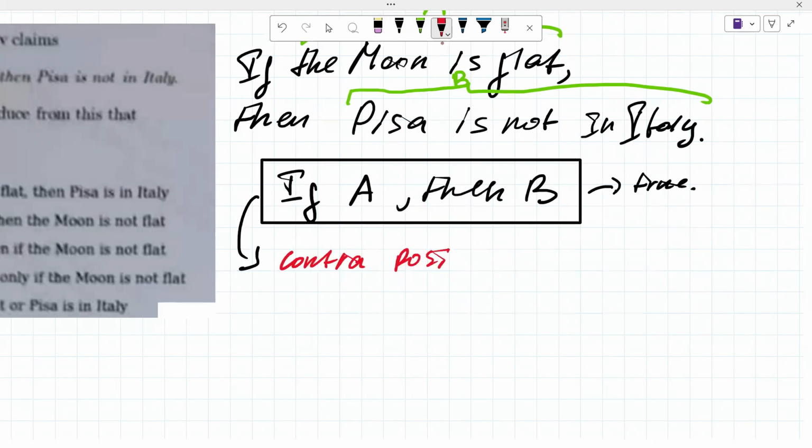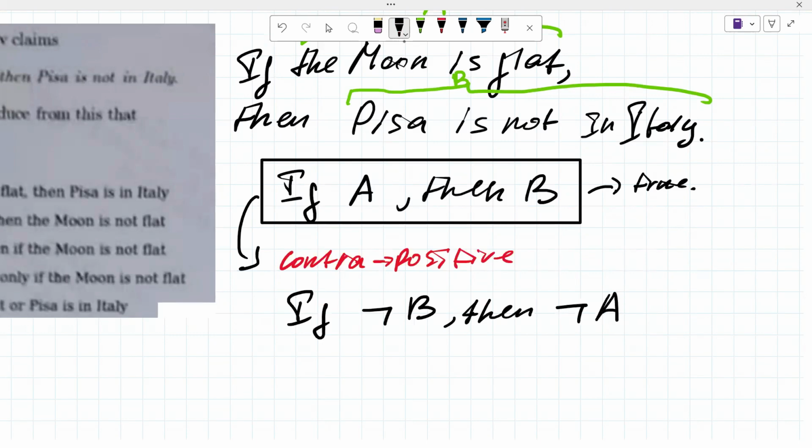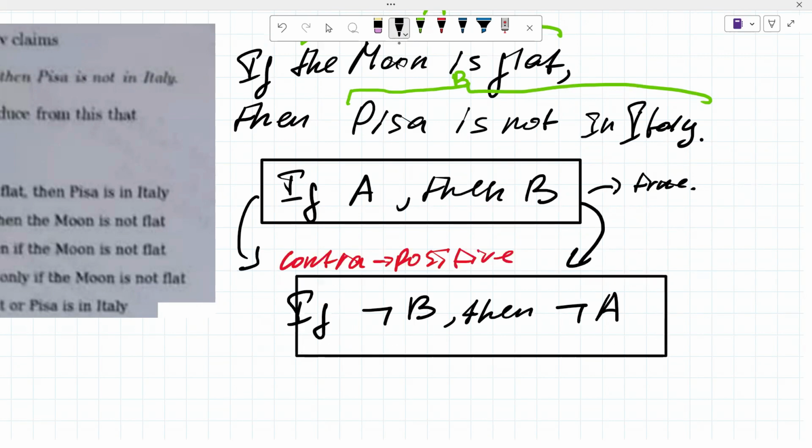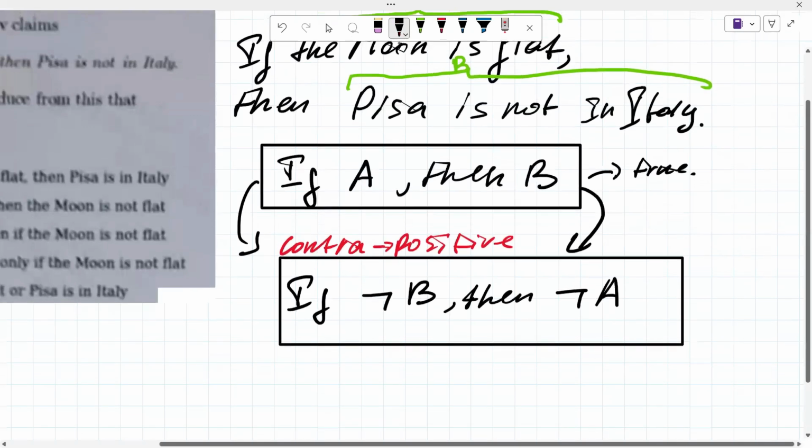In the contrapositive, you swap A and B with places, and then you negate them both. So you have if not B, then not A. Every time you have conditional if A, then B, this is 100% equivalent to if not B, then not A.